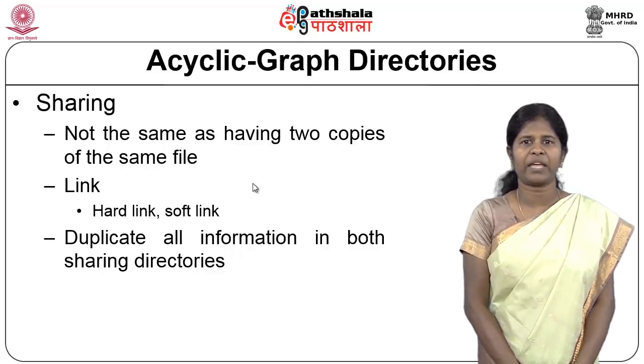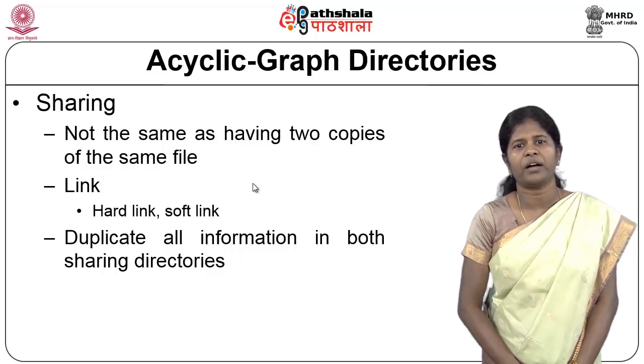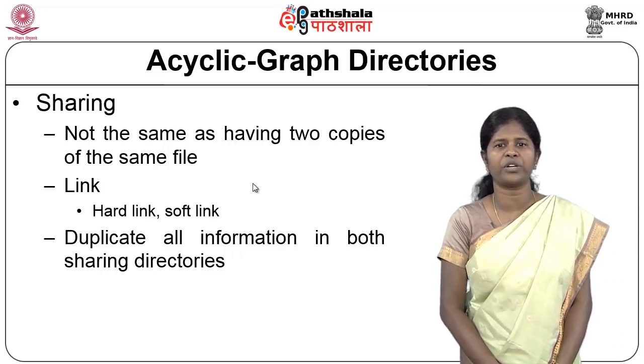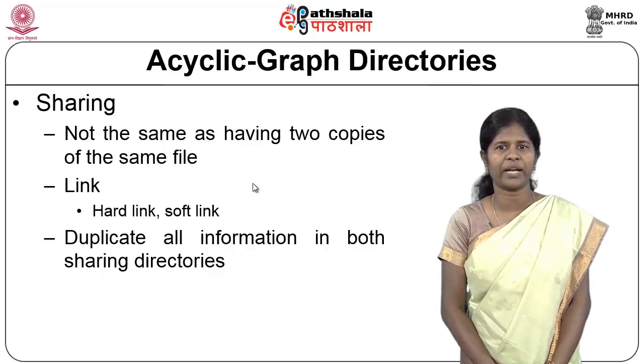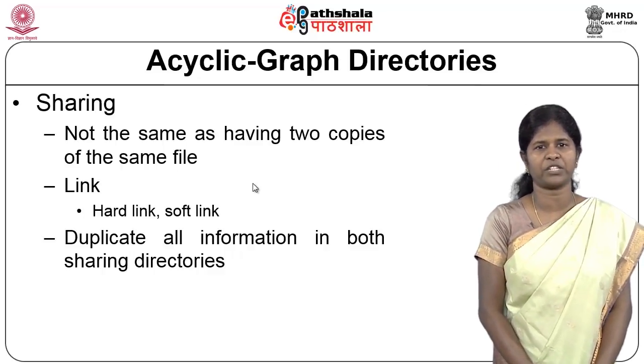Then this kind of structure will be helpful. This is not the same as having two different copies of the same file. It is not like that. It is the same file that is being shared between the two different users.